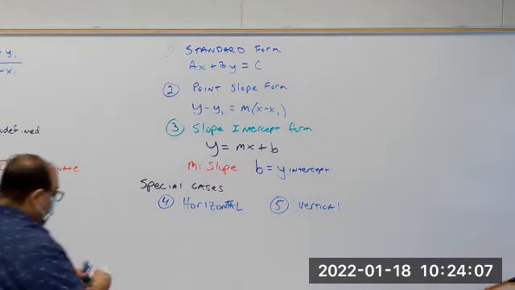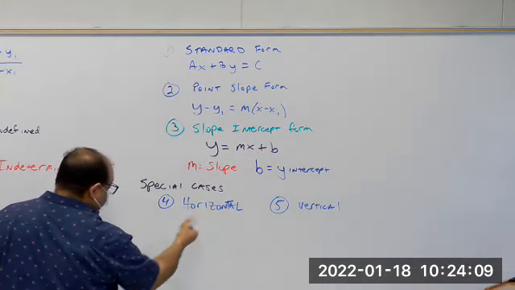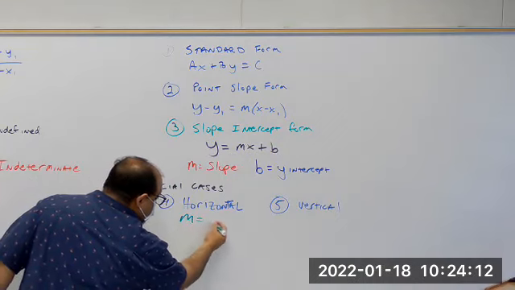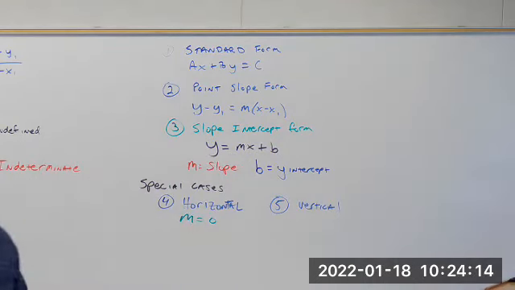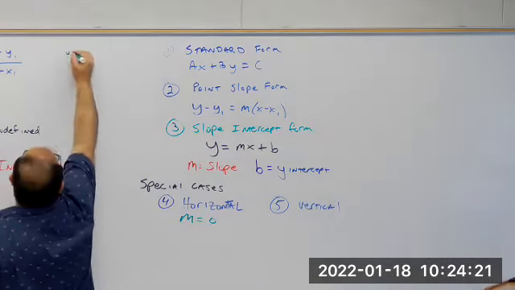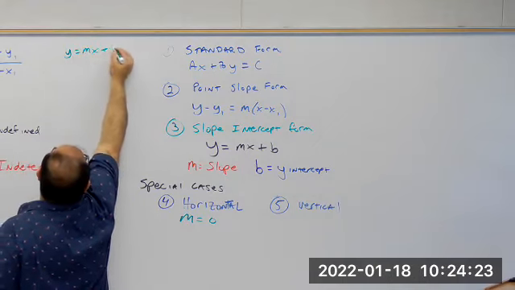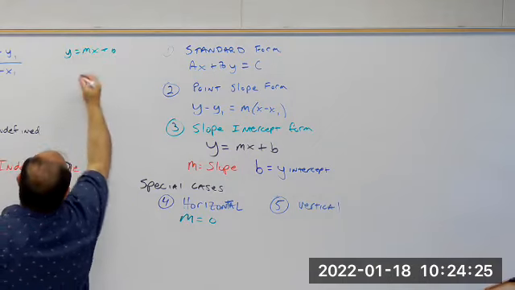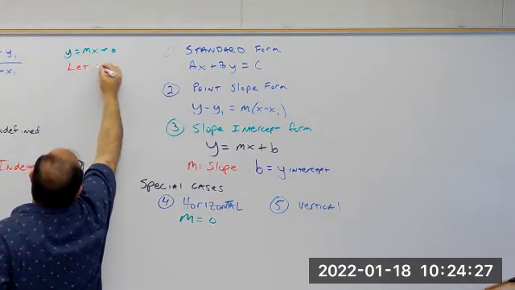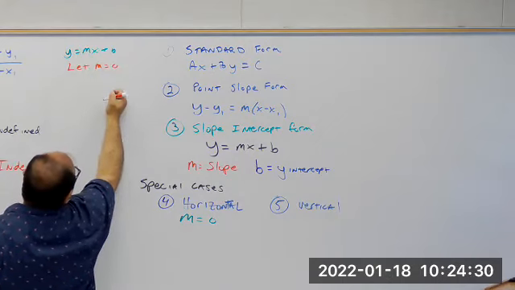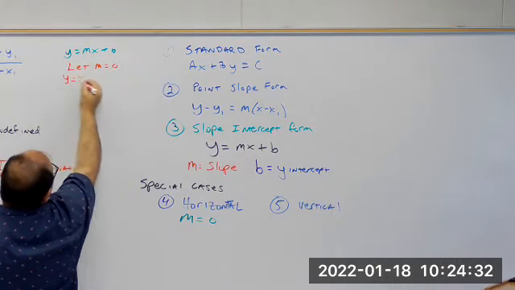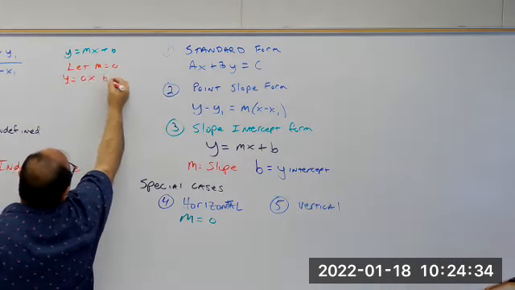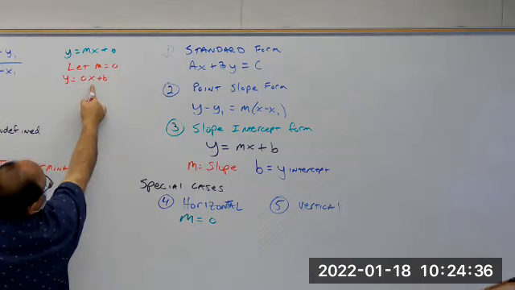Horizontal: the slope equals 0. If I was to plug into y equals mx plus b, if I let my slope m equal 0, y equals 0 times x plus b. What's 0 times x? It's 0.